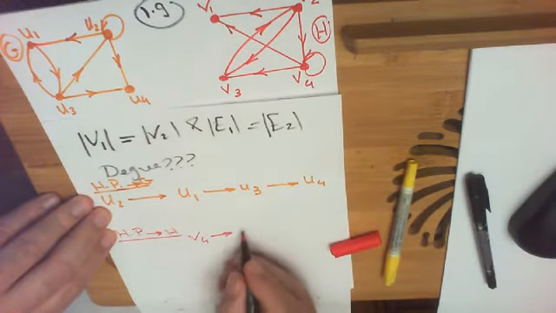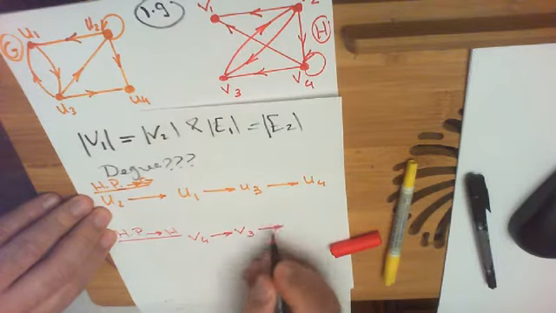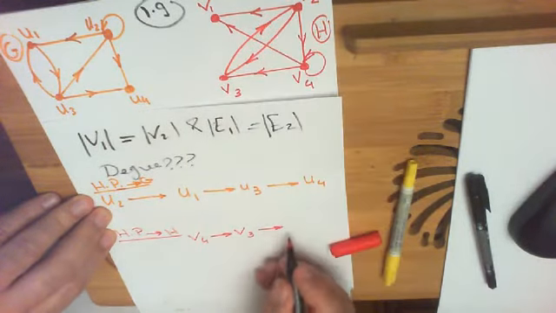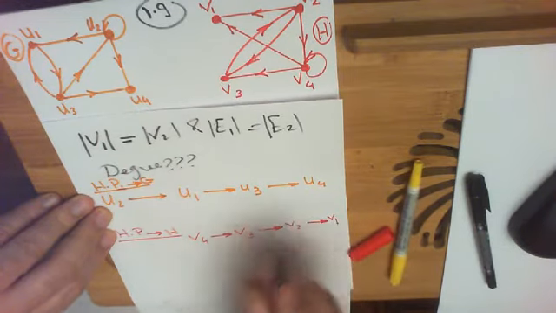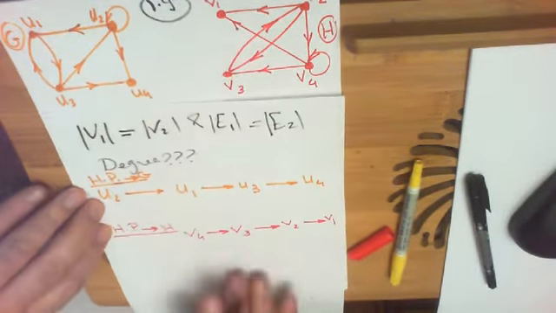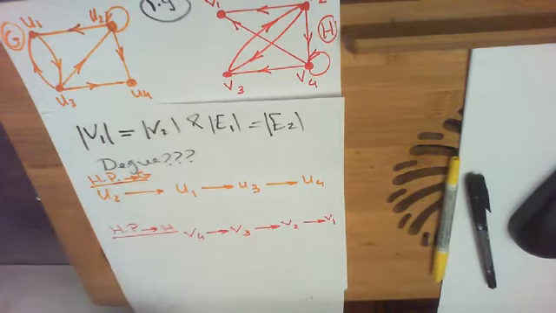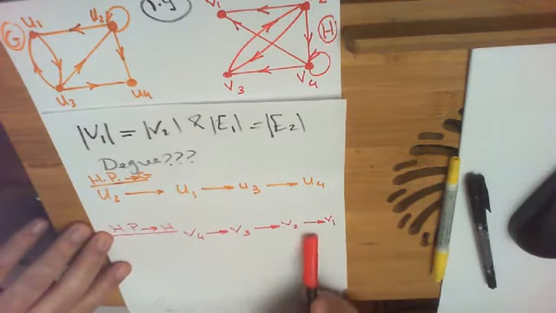We go to V3, to V2, and finally V1. We can't go back to V4 because this opposes us. Okay? This is a corresponding sequence.